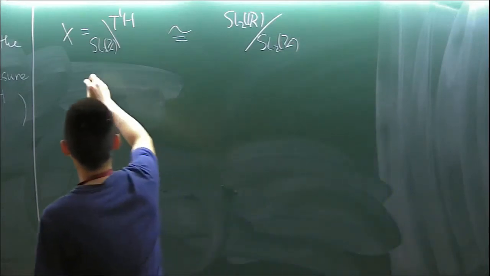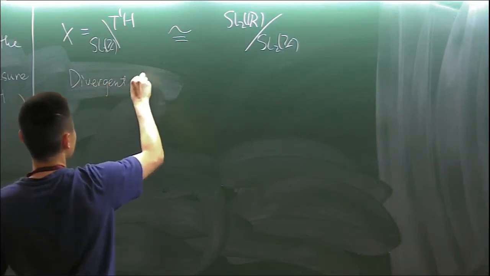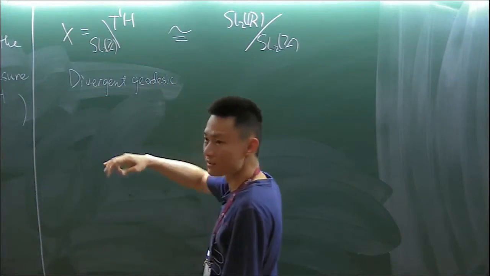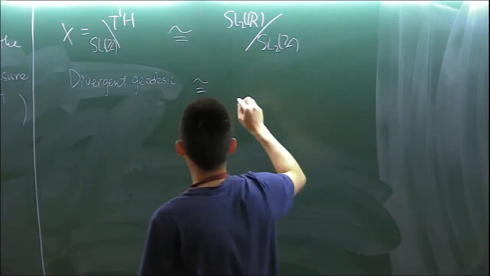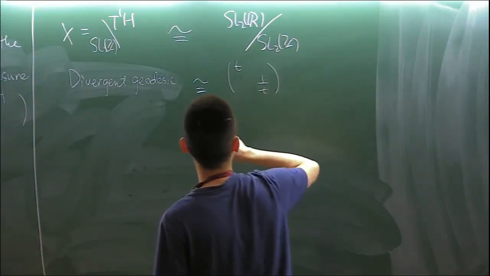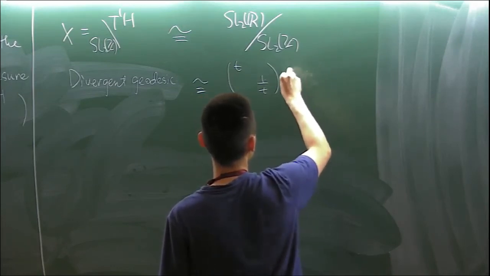And you have something called divergent geodesic. So it's a set equipped with some measure.